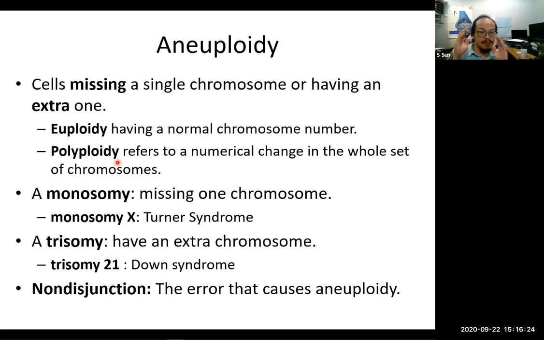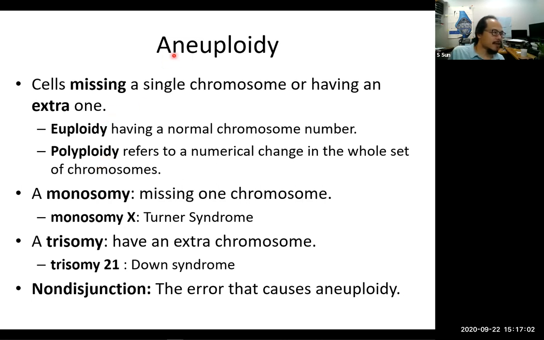We have not just 47 or 45, we have 23 times 3, something like that. So the extra set of chromosomes. This is just terminology, and it could be a quiz question, right? Which one refers to missing one chromosome, or having one extra chromosome? Which one refers to the normal set of chromosomes?